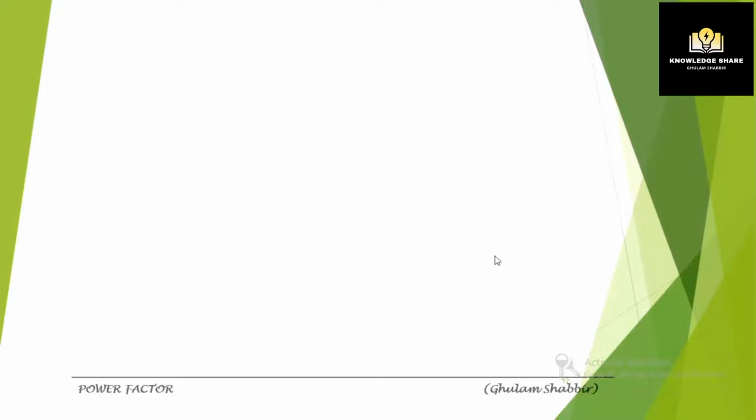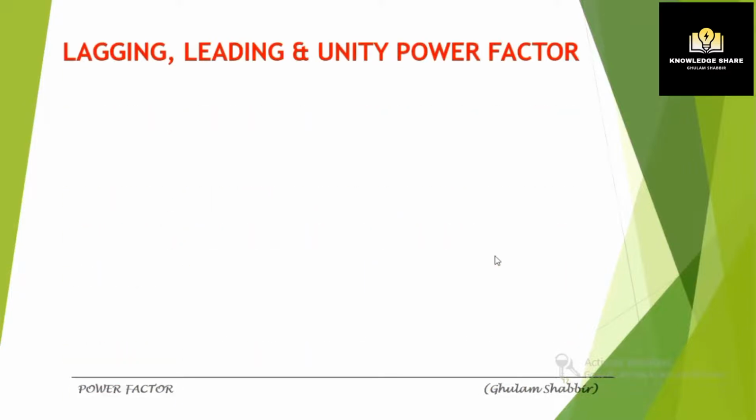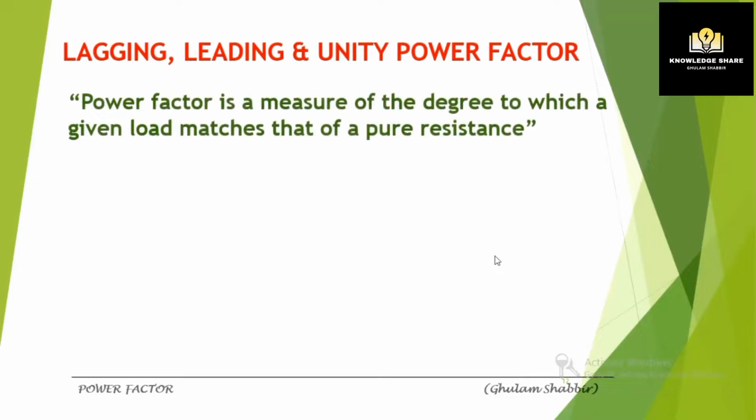Now we shall see what the lagging, leading and unity power factors are. Basically, power factor is the measure of the degree to which a given load matches that of a pure resistance.